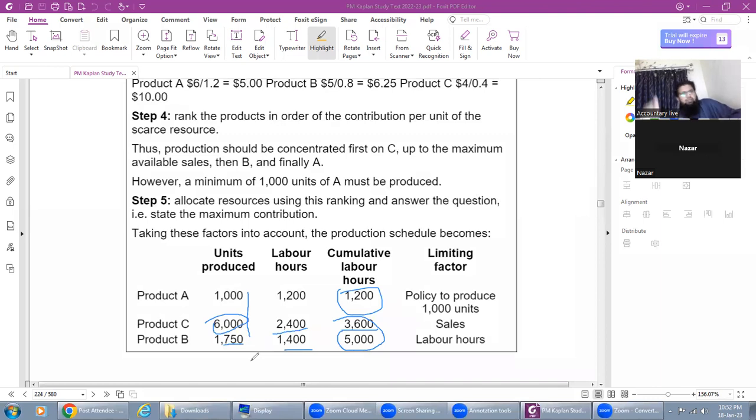Why are we producing product A first? Because A is the minimum in the question. It has said that you have to produce 1,000 units of A at least.